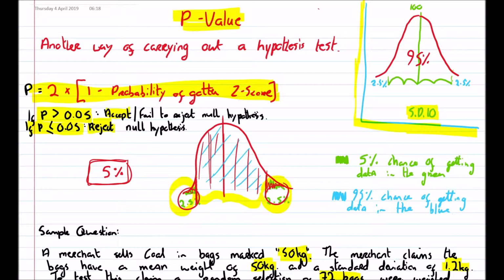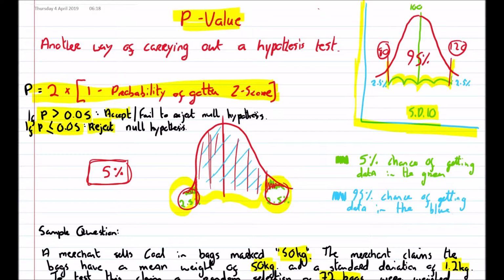We know that 2 standard deviations this way will get us to 120, and 2 standard deviations the other way should get us to 80. And we know then that 95% of the data lies within these 2 standard deviations. So basically 95% of those bags of sweets should have between 80 and 120.